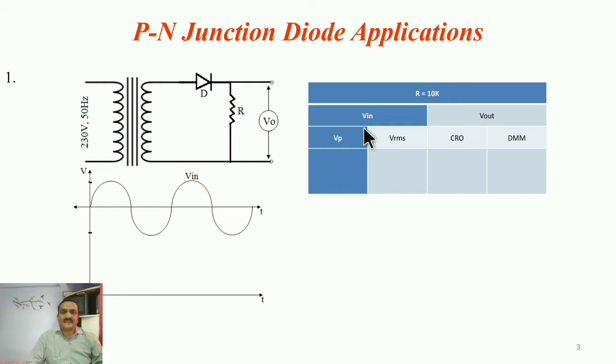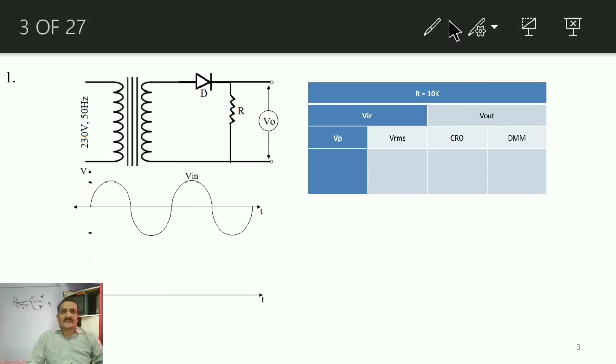See here, the diode is connected in series with the voltage source, just like a step down transformer. Whenever it is the positive half cycle, when this terminal of the secondary of the transformer is positive, the diode will conduct after its forward breakover voltage, and current will flow like this. That's why there will be a drop across the resistor connected in parallel, which is nothing but VO.